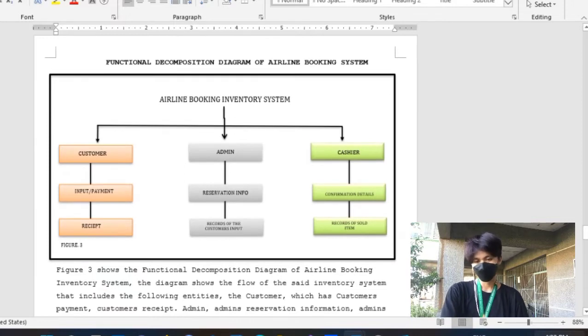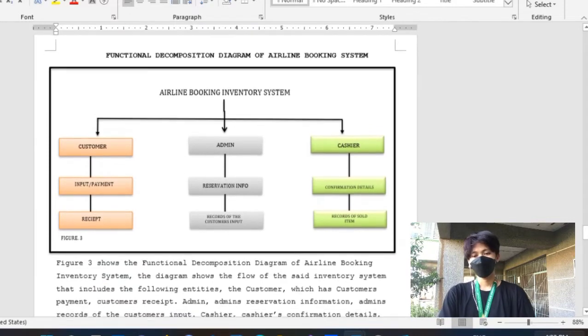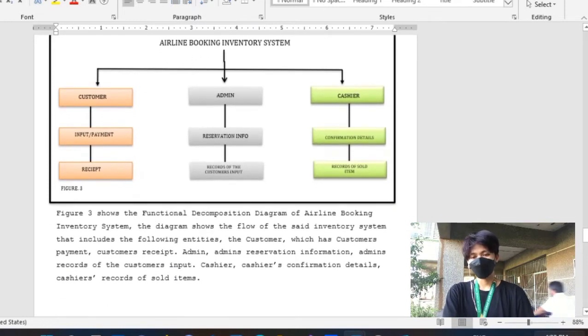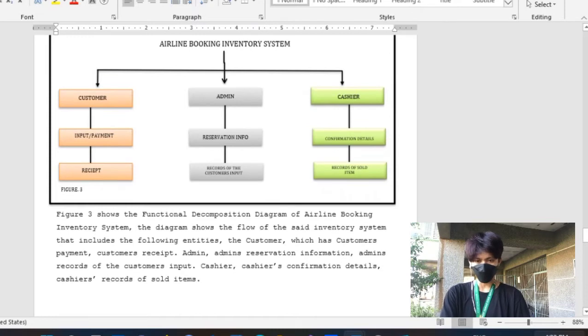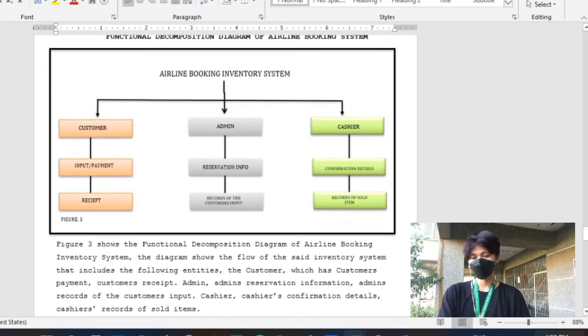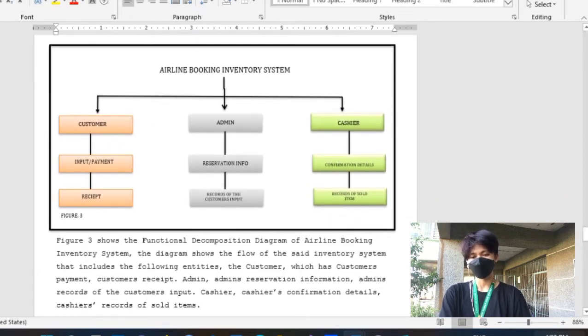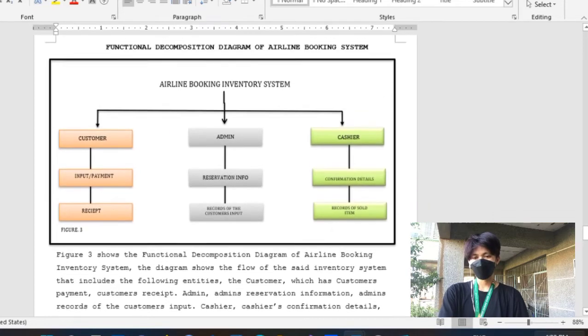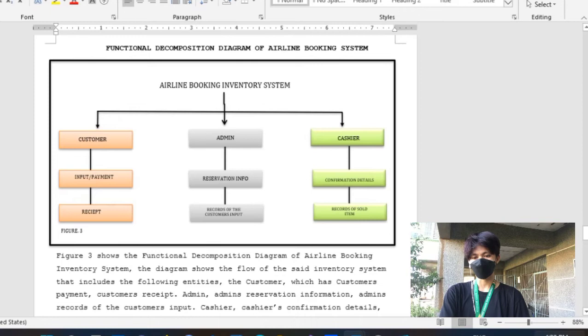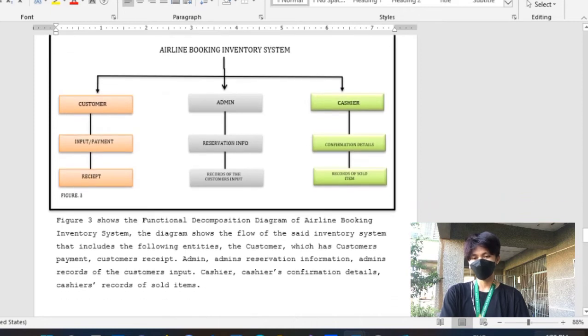So the functional decomposition diagram of the airline booking inventory system. Figure 3 shows the functional decomposition diagram of the airline booking inventory system. The diagram shows the flow of the said inventory system that includes the following entities: the customers, admin, and cashiers. Each entity is composed of two sub-entities.